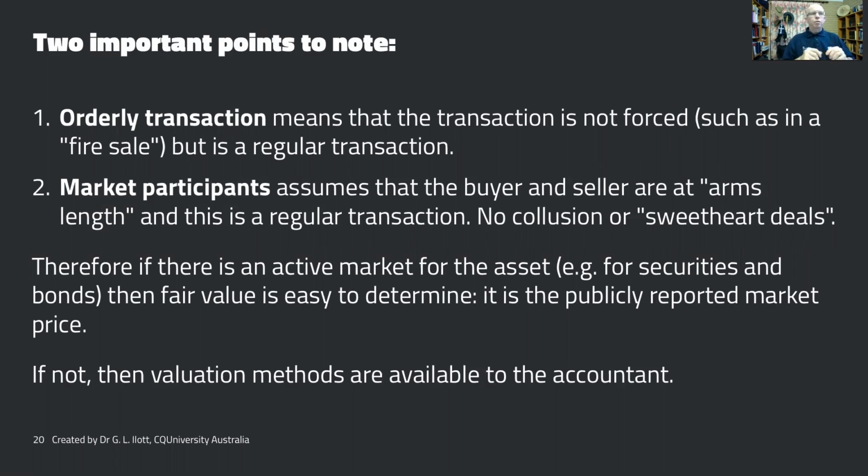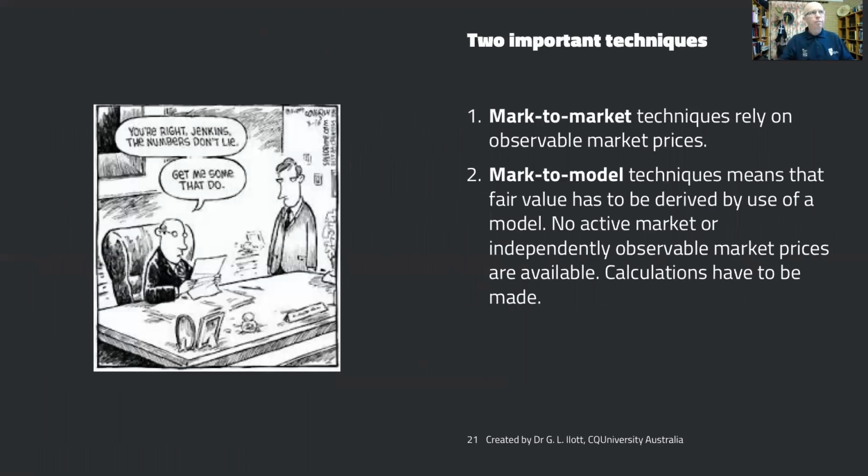So for this to work, really, to value an asset under fair value, you need an active market in that asset. However, fair value accounting does allow for a series of measurement models. And these measurement models, there are three models that fall into two types.